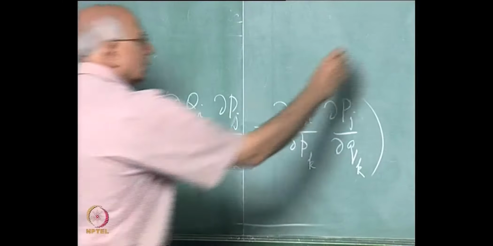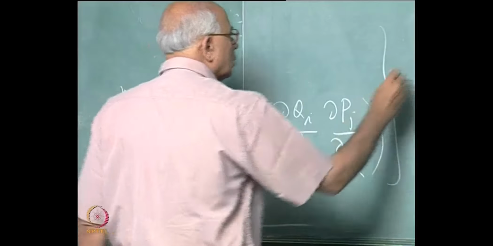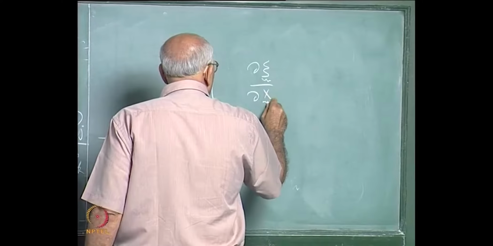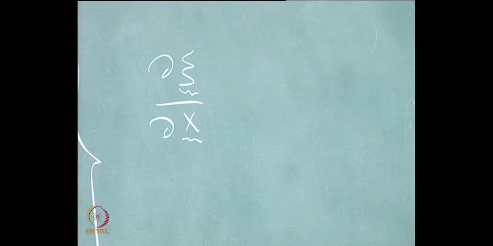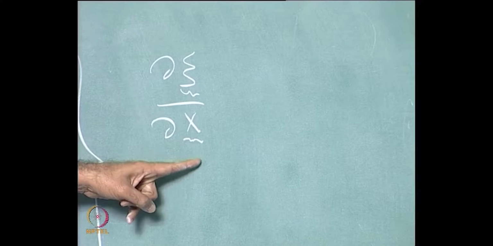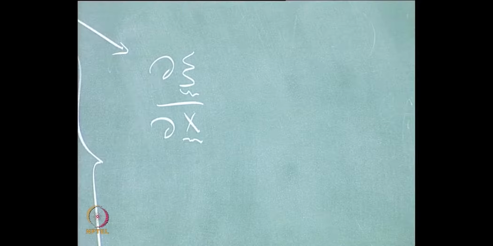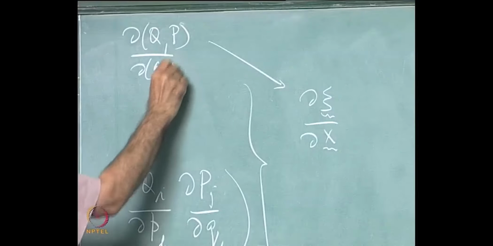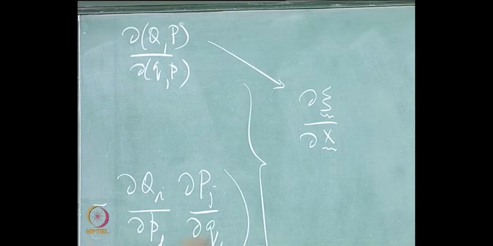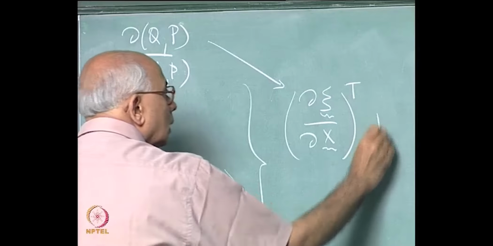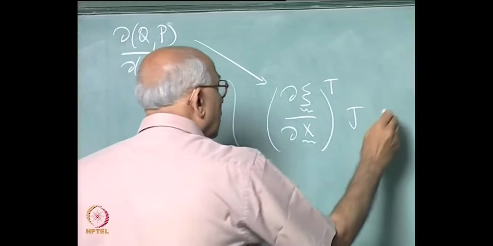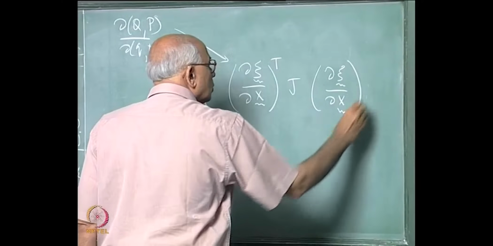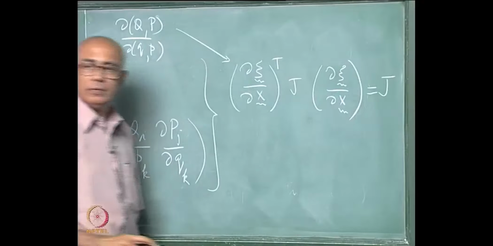Let me do that here. This whole set of relations is equivalent to saying that the Jacobian matrix of the transformation, which let me denote symbolically as ∂ξ/∂x. By the way, this stands for the matrix ∂(Q,P)/∂(q,p), this matrix transpose J times ∂ξ/∂x, this quantity is equal to J itself.